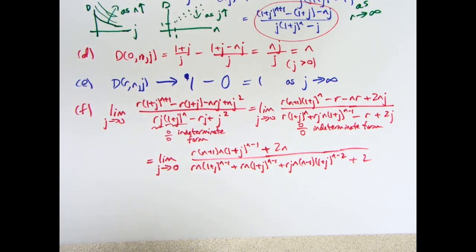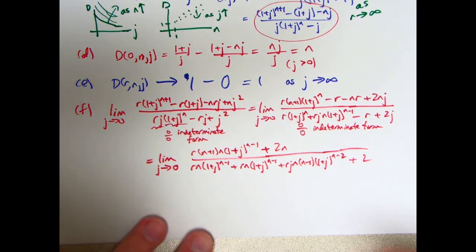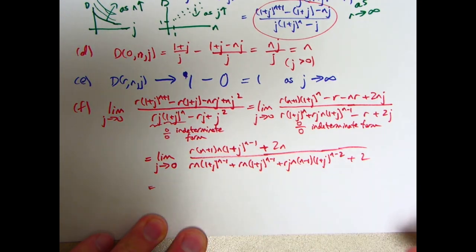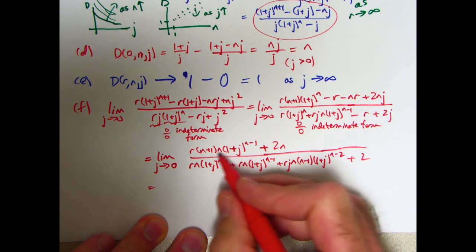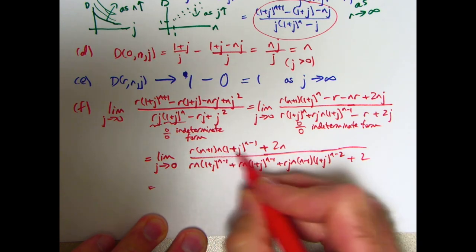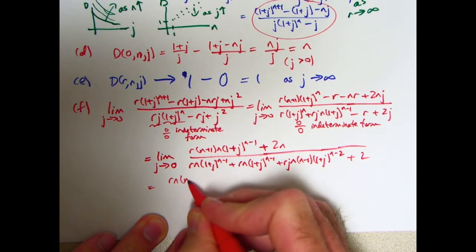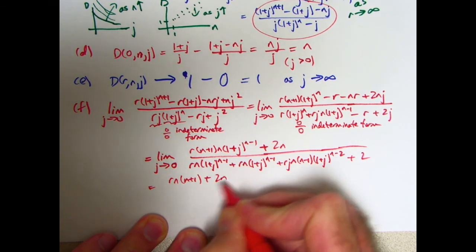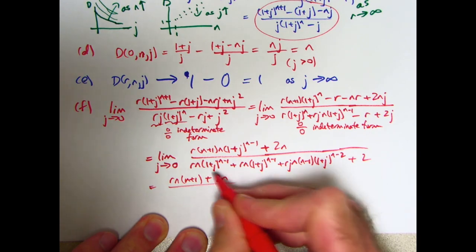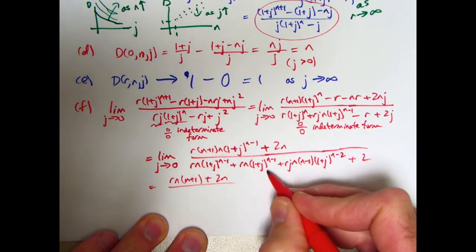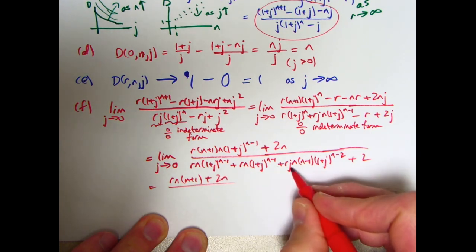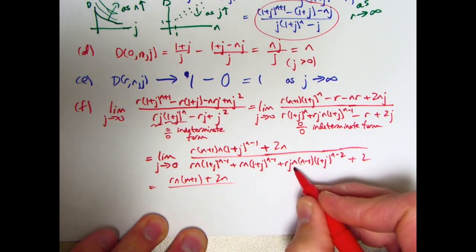And this does have a limit as j goes to 0. It's not an indeterminate form. We don't get 0 over 0. What does the top go to? When j is 0, this becomes 1 to the n minus 1 is 1. We get rn times n plus 1 and then a plus 2n. On the bottom, this becomes a 1, this becomes a 1, this becomes a 1, though we do have a j there, so this actually becomes a 0 there.